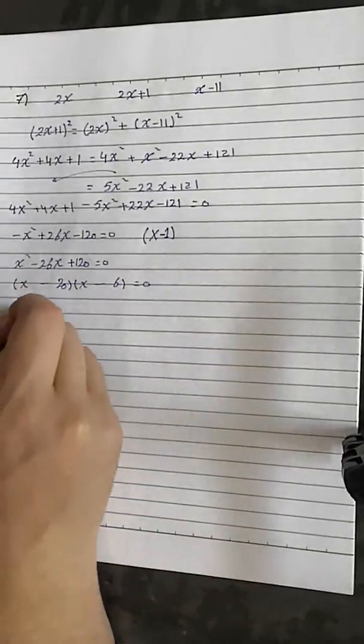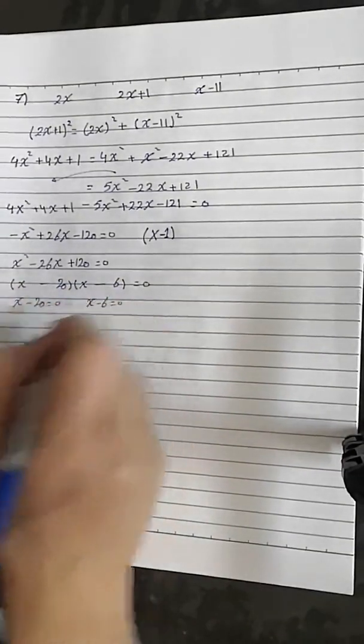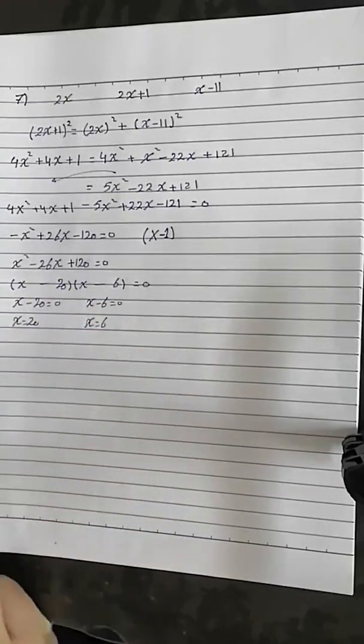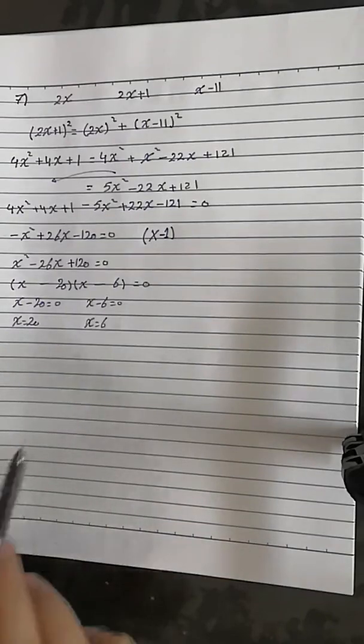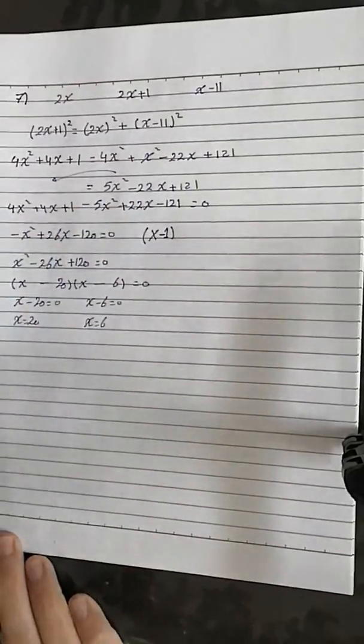So x minus 20 equals 0, and x minus 6 equals 0, so x equals 20, and x equals 6. So these are the values of x. Let's try to use 20 and 6 in the three sides.